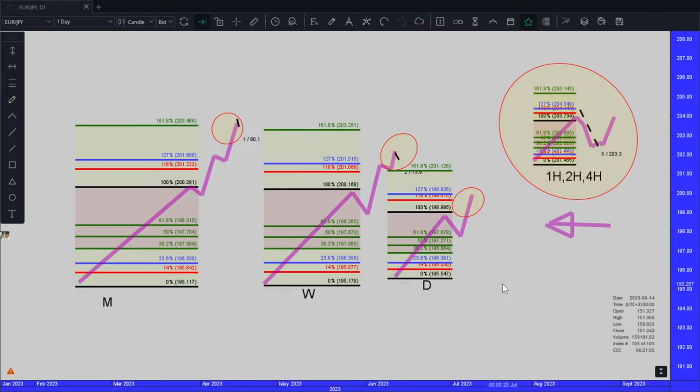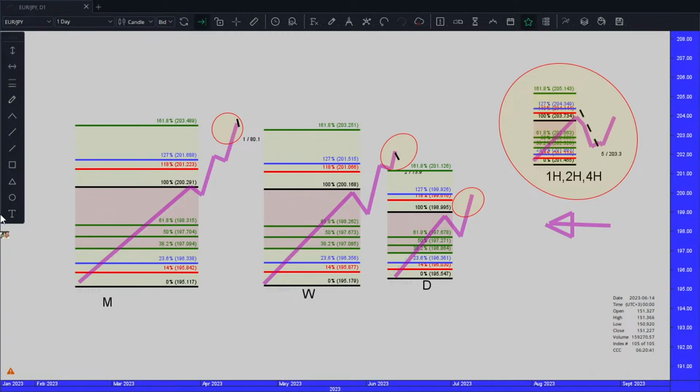Is the monthly trend driving the weekly, daily, and 1 hour, and vice versa? Is the monthly Fibonacci driving the weekly, daily, and 1 hour? Is the monthly candlestick formation driving them, or vice versa? Those are concepts from multiple time frame trading.